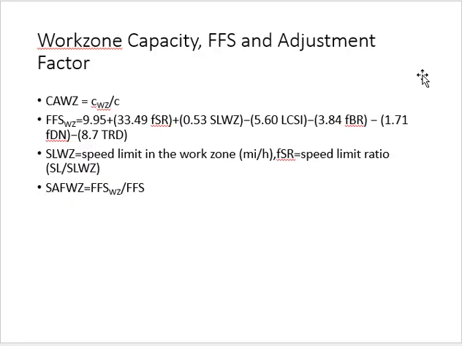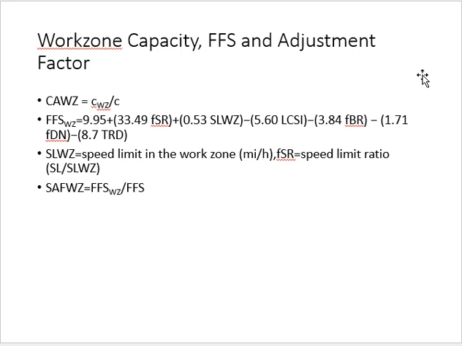Then the next thing we will calculate is capacity adjustment factor of the work zone. This is the ratio between work zone capacity and normal capacity, C_WZ upon C. What is C_WZ?